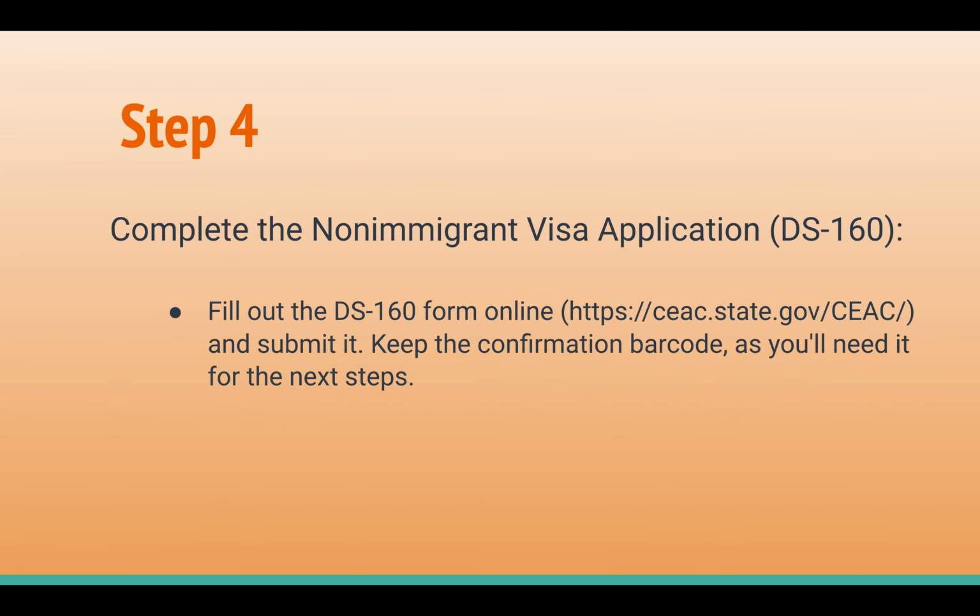So at step number 4, we need to complete a non-immigrant visa application, which is called DS-160. So we need to fill out the DS-160 form online. We can visit this website and submit it, and keep the confirmation barcode as you will need it for the next steps.